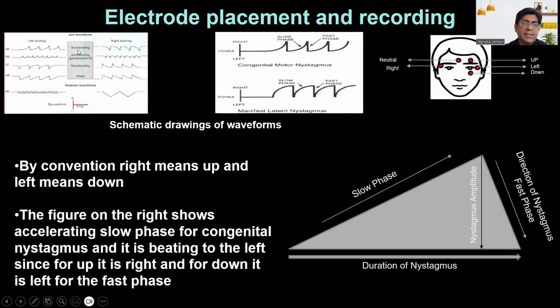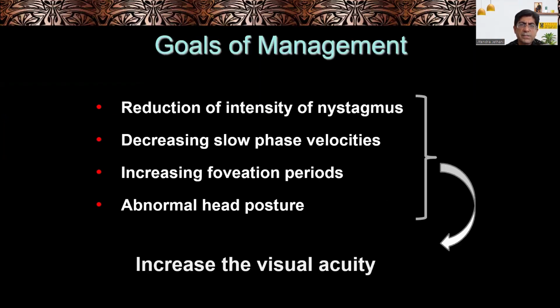This is decelerating, left beating, decelerating, right beating. And you can see linear. These are straight lines. Right beating, left beating, the waveform is very, very easy. So it is not at all difficult. We should not get confused whenever we talk about electronystagmogram or video nystagmogram. They're very easy to understand.